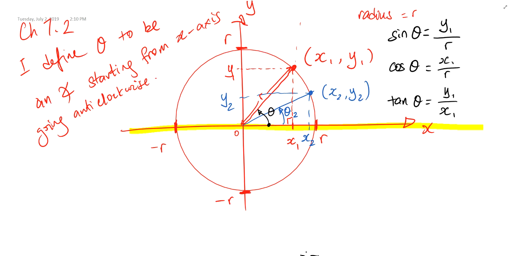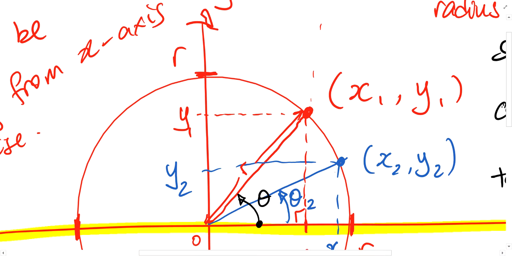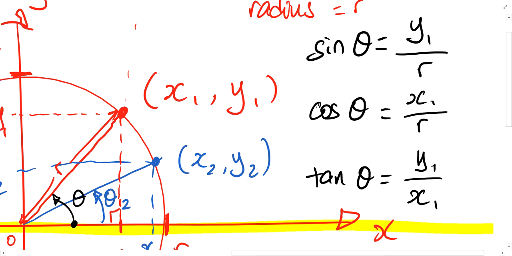Just focus on this question. Focus on the blue one, blue triangle. Okay, theta 2. Tell me, what is an expression for sine theta 2? y2 over r. Is it still the same r? Why is it the same r?